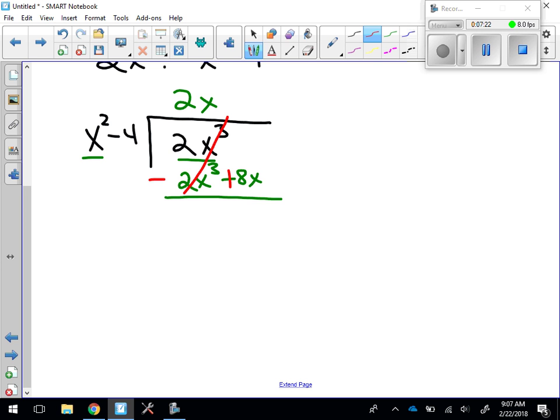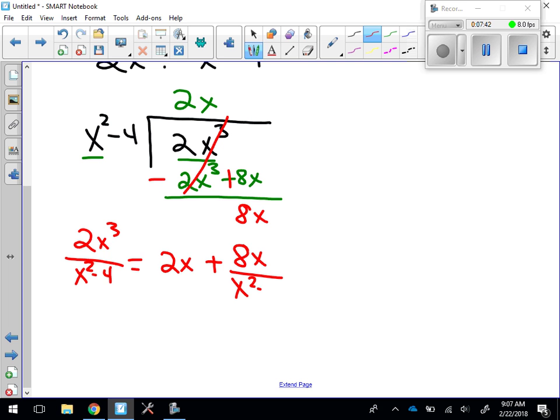This goes away, and what am I left with? 8x. So, what this means is that 2x cubed over x squared minus 4 is equal to 2x plus 8x over x squared minus 4. If, yes, I have that right.